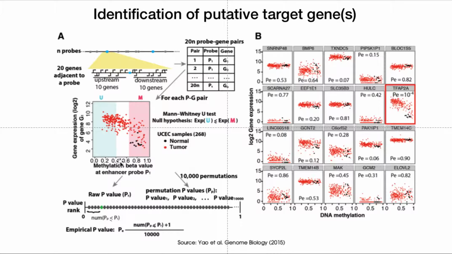If you make a big window around that, you are going to get a lot of genes in the gene-rich regions and very few in the desert regions.